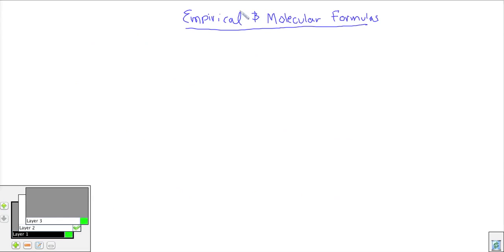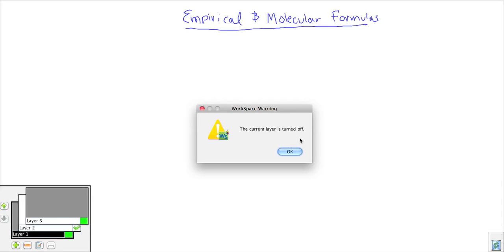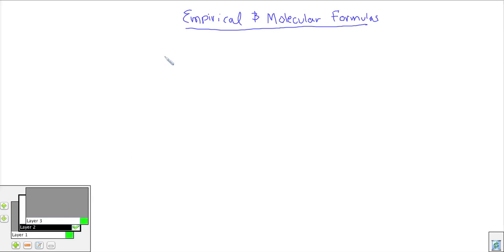But there's another concept that comes up in chemistry called empirical and molecular formulas. First of all, we want to know what these are. Like in that last example, nitrogen dioxide is an empirical formula. How do I know?